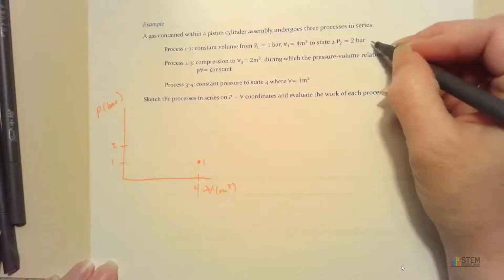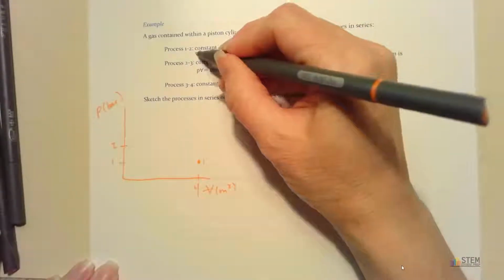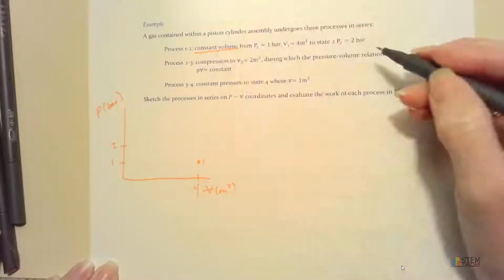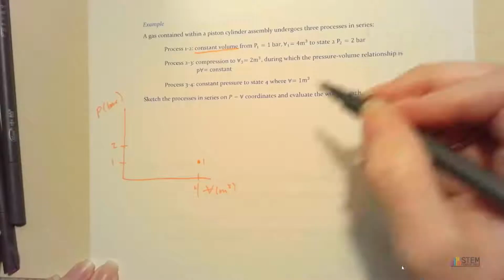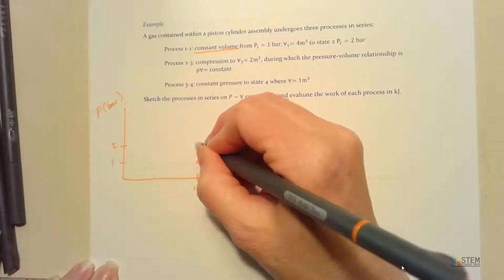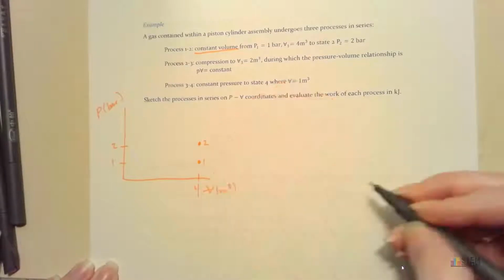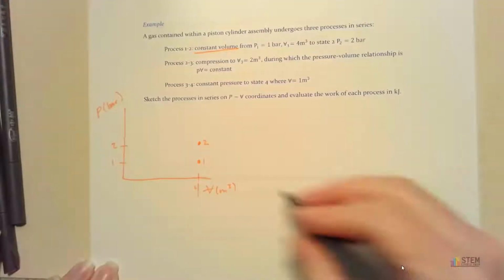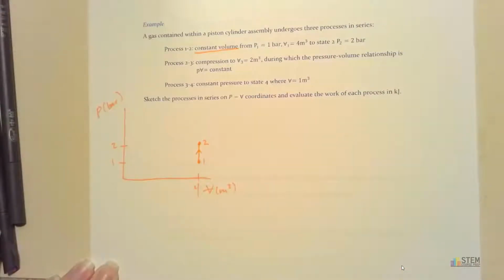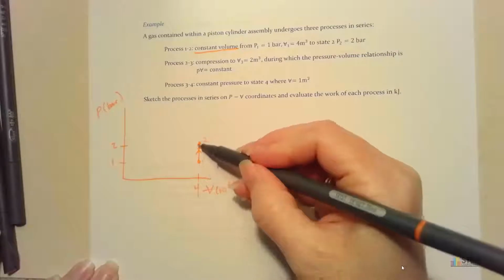So think about what that problem says. We've got constant volume. All right, so constant here is a keyword because that's telling you volume is not changing. So that means volume is going to stay at 4. So we just draw state 2 directly above state 1. Now let's draw a line connecting those two, and we'll put an arrow showing the direction we're traveling. So we're going from here to here.